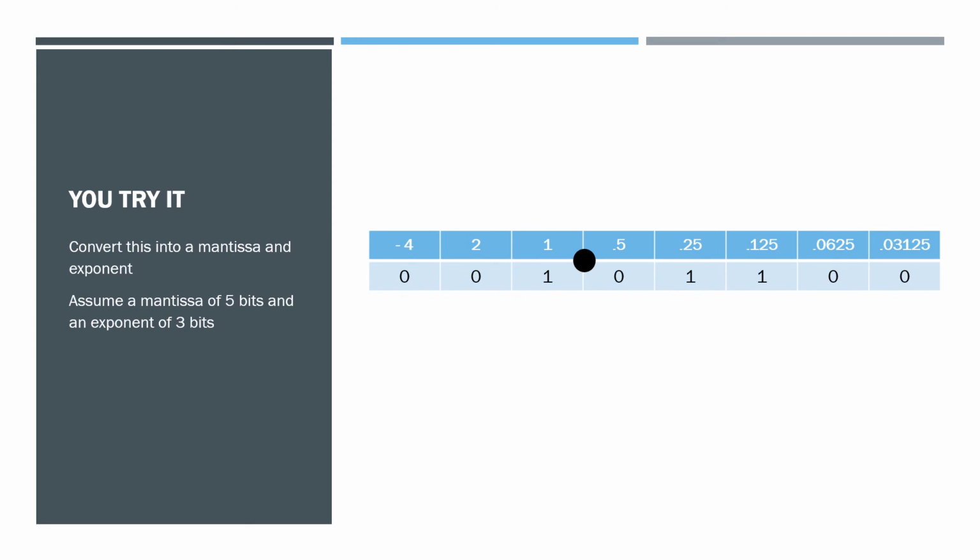So now it's time for you to try it. Convert this fixed point number into a floating point number made out of a mantissa and an exponent. And let's say you have to create a mantissa of exactly 5 bits and an exponent of exactly 3 bits.